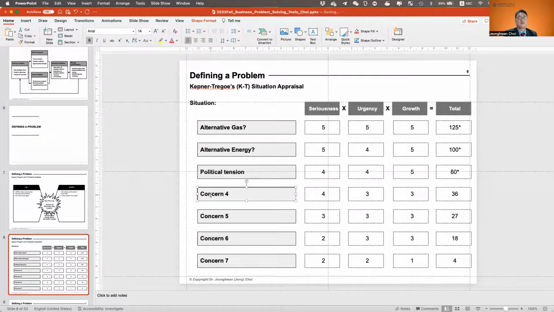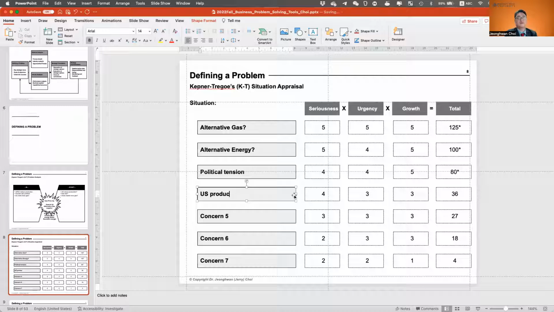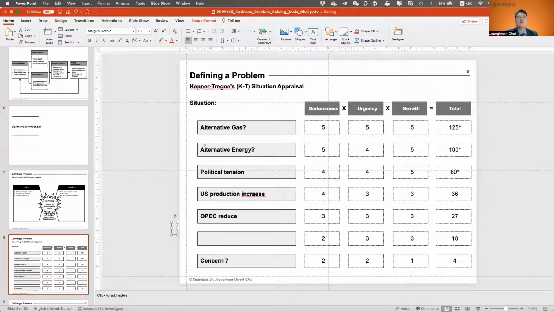And then the source: the US production increase, and then OPEC reduce price, reduce something, and another alternative supplier. Something like that. So maybe you can write down the issues and the situations just randomly. Write it down.